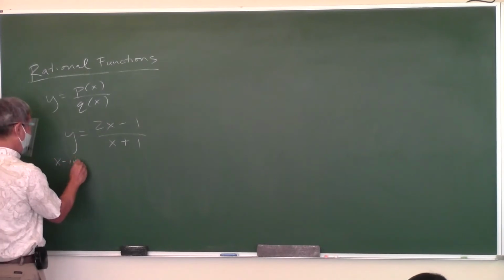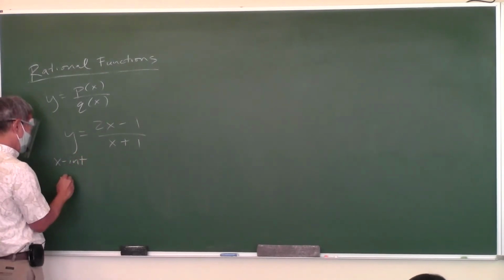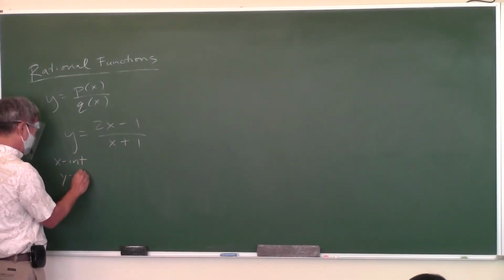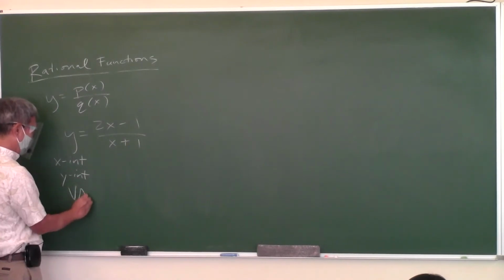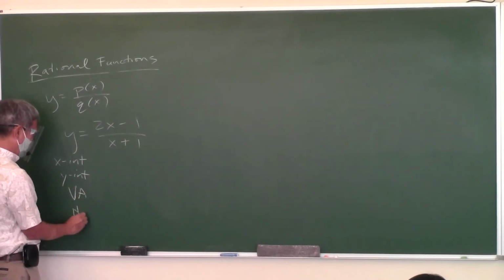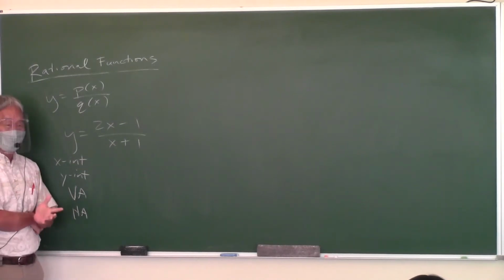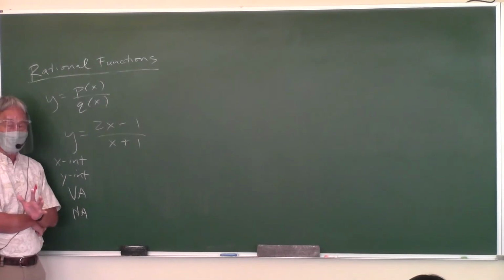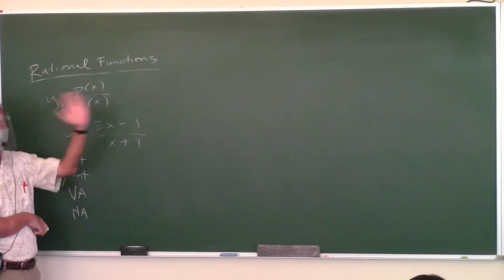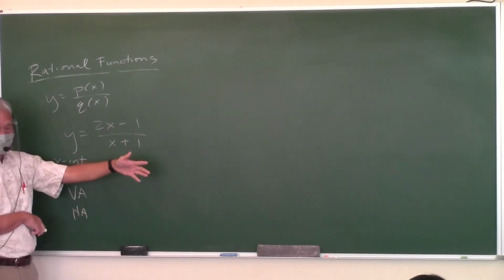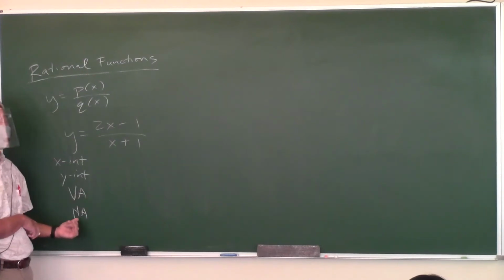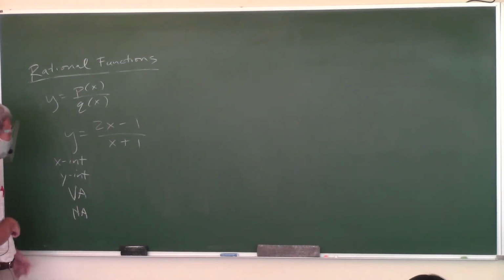First, plot the x-intercepts, then the y-intercept, then the vertical asymptotes, and then the horizontal asymptote. Now, tonight's homework only has horizontal asymptotes. We're not going to see the slant and other kinds of asymptotes till rational 2. So tonight, you only have to worry about horizontal asymptotes.